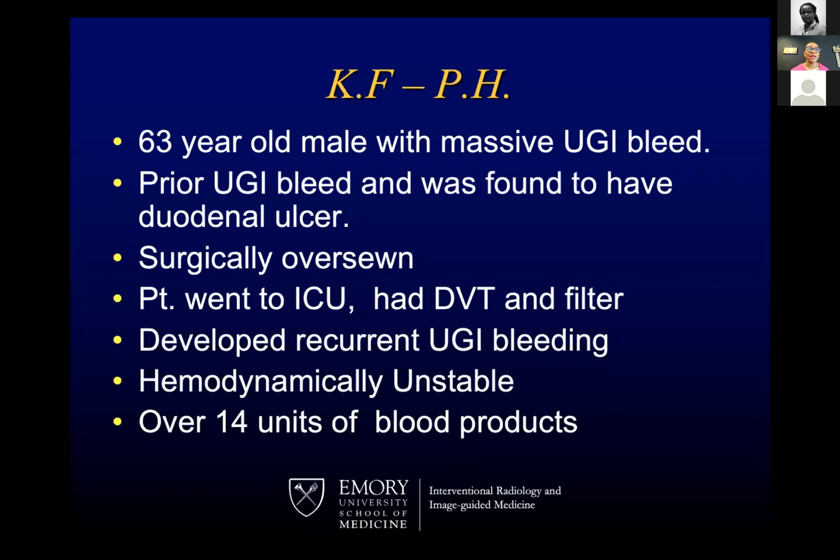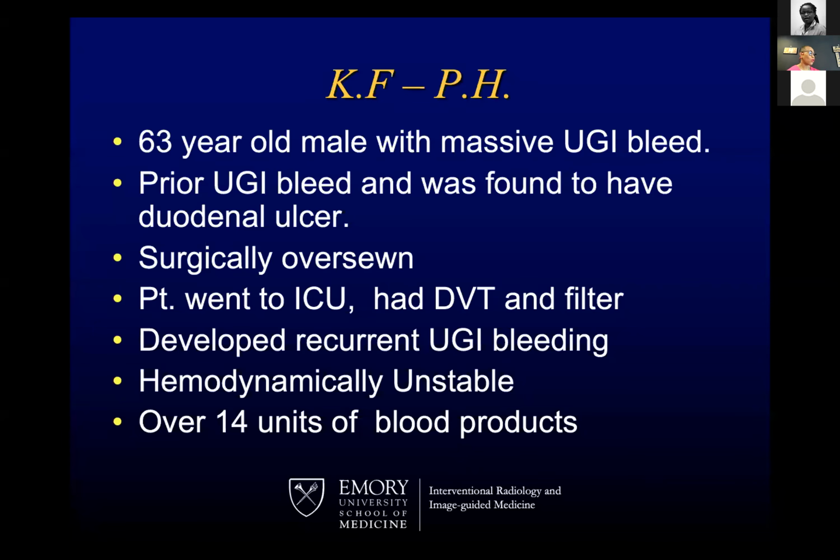The patient had the operation, went to the ICU, and while there developed a DVT, right? So what's a DVT? A deep venous thrombus, a blood clot in the leg that happens from immobility. And because the patient had this GI bleed, the patient was not able to receive anticoagulation. The patient had a filter.